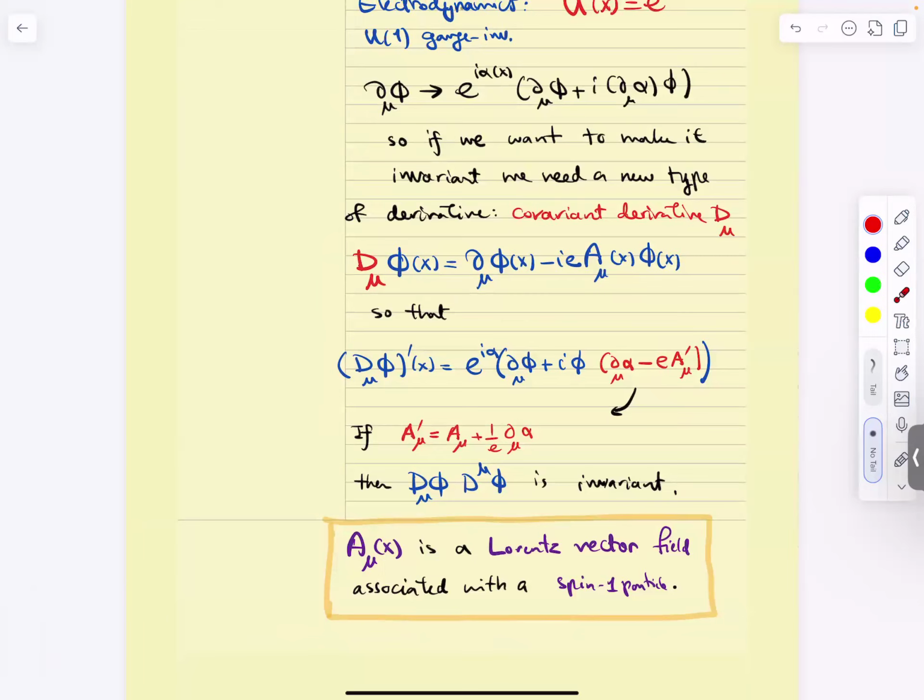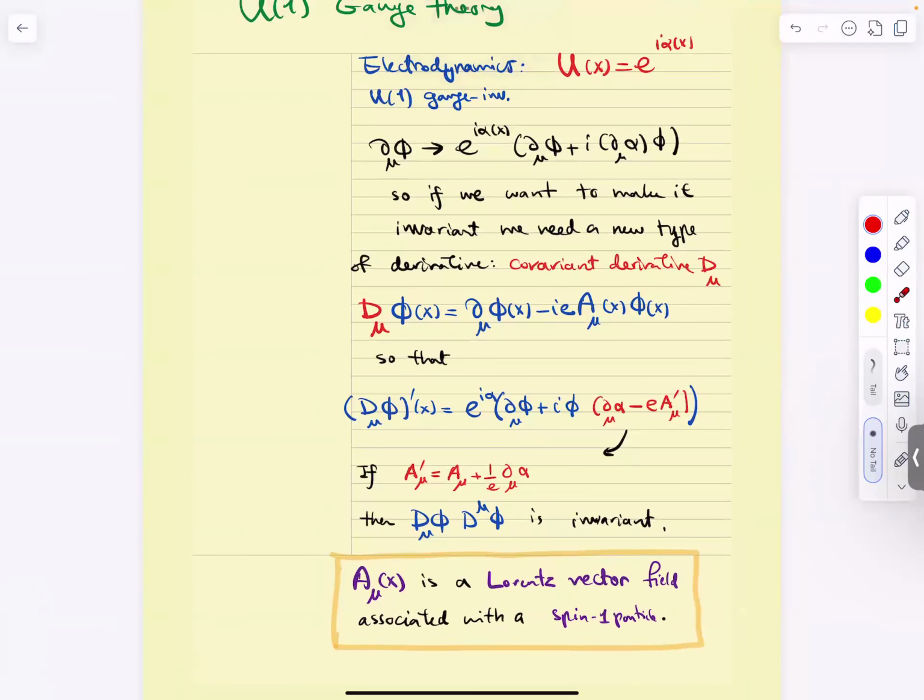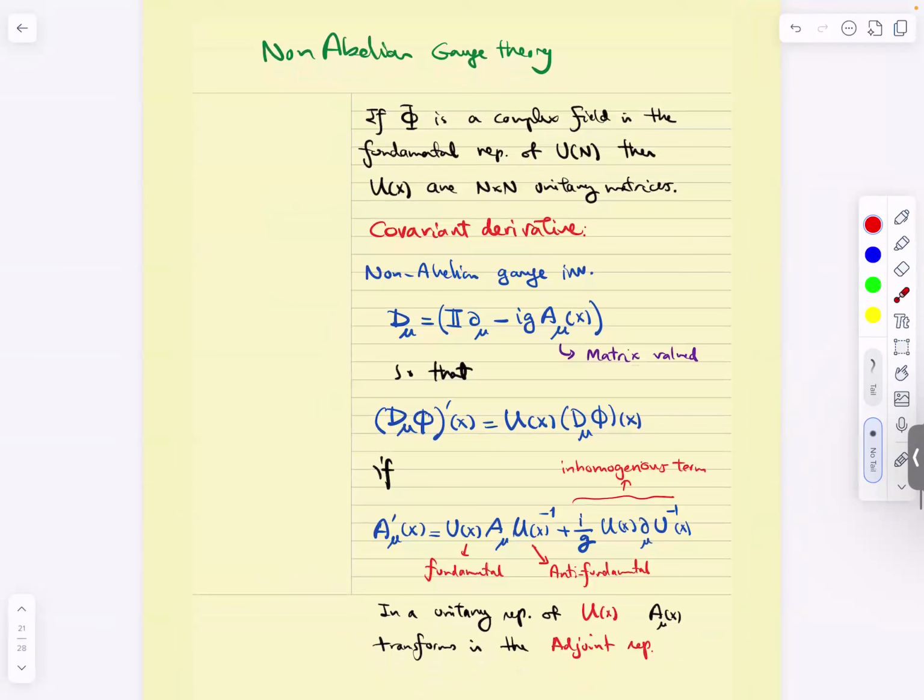All right, so now, if phi, your charged particle, is a complex field in some fundamental representation of UN, what we just described was a U1 representation, which is one-dimensional. The covariant derivative would be del mu times the identity, these are n by n unitary matrices, minus i g a mu of x, which is now matrix valued.